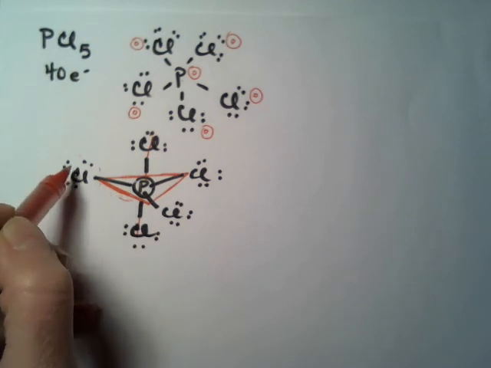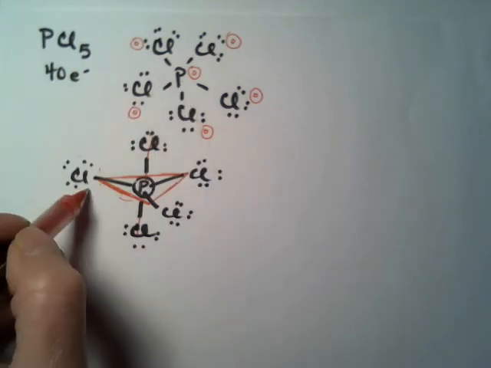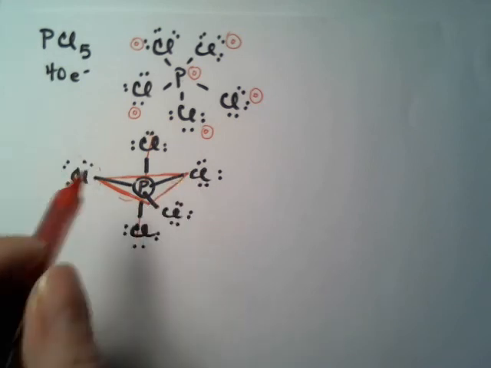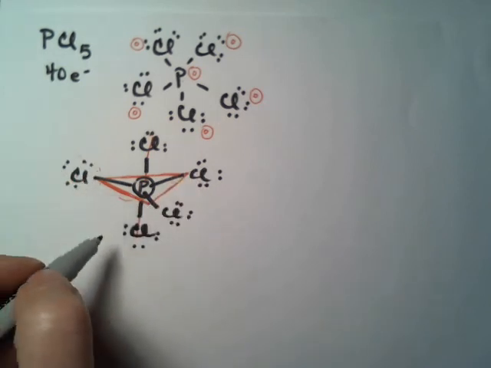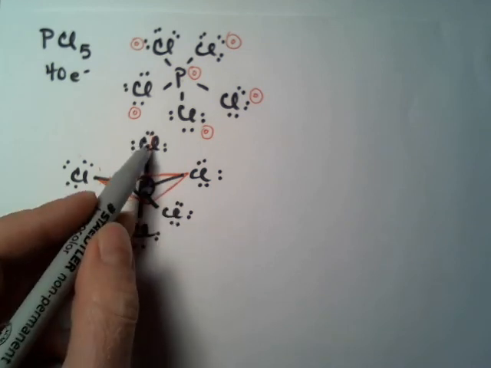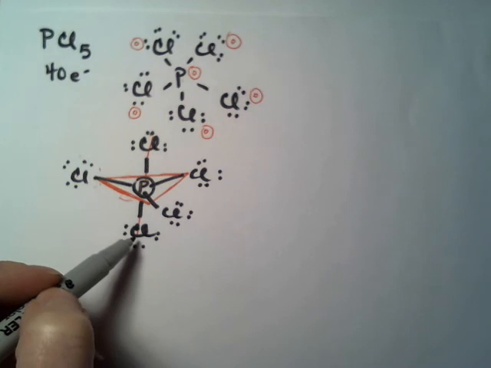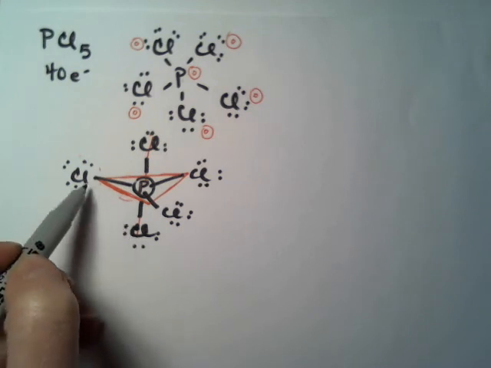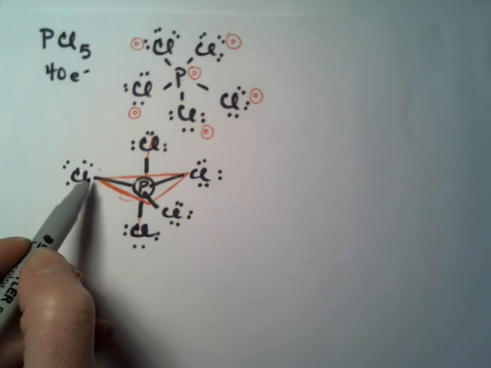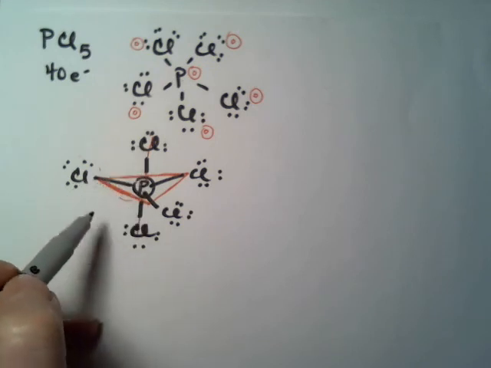So I don't have any lone pairs to place on the central atom, but if I did, that's why they go on these flat positions. Anyway, I don't here. So my electron group geometry is trigonal bipyramid. My molecular geometry, or shape, of the molecule is the same. It is a trigonal bipyramid.